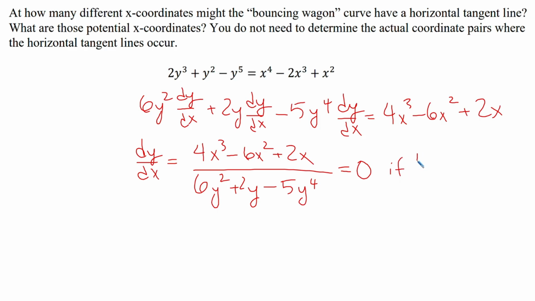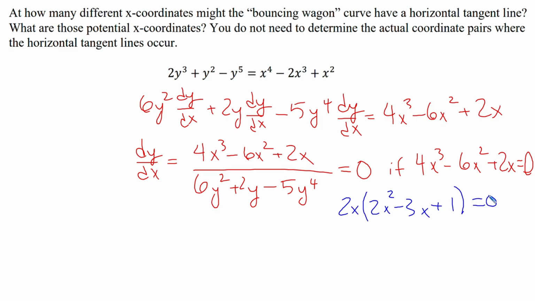So that'd be if 4x cubed minus 6x squared plus 2x equals 0. We can divide everything by 2 if we want, or just factor the 2 out when we factor the x out. So I'll just factor the 2x out. That's going to give us 2x factored out times (2x squared minus 3x plus 1), and we still want that to equal 0.